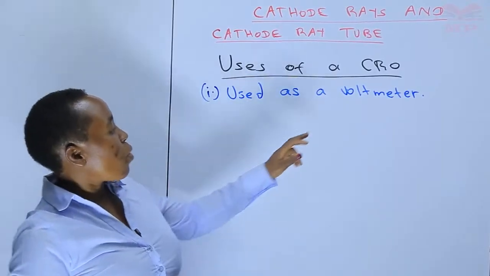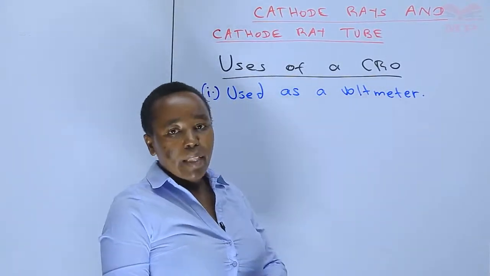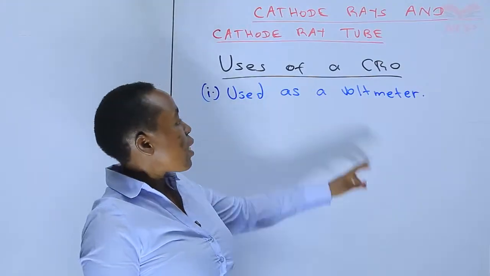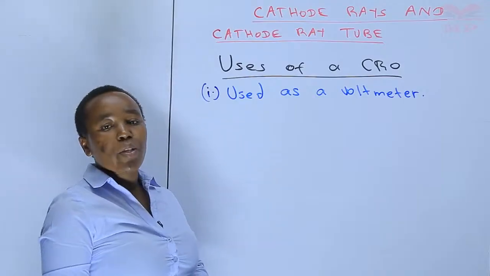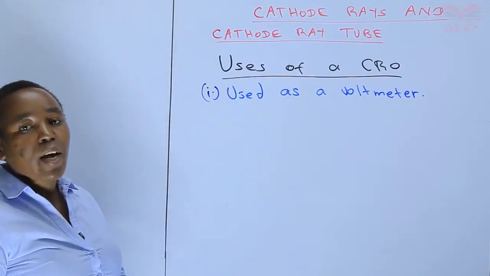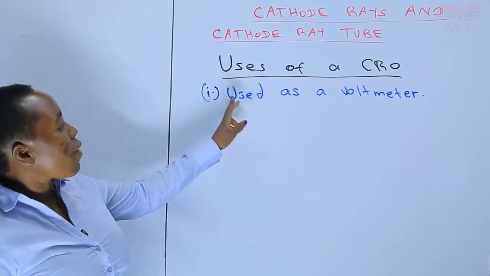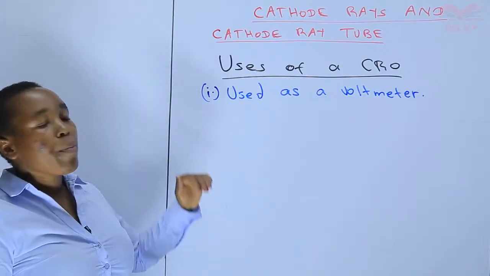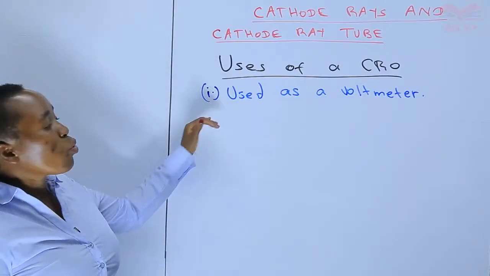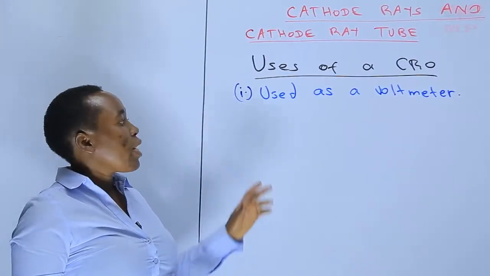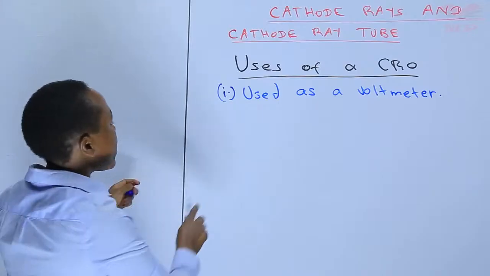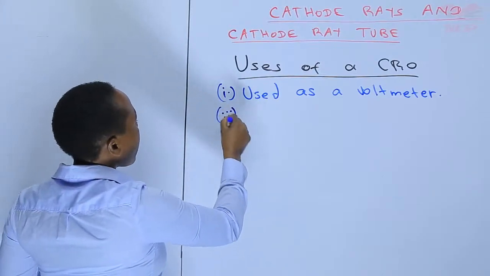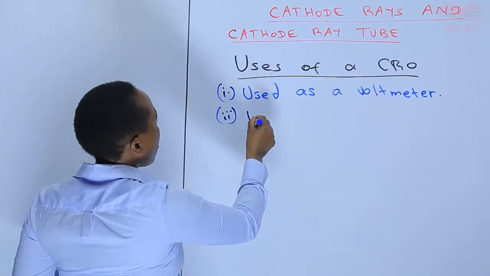We know from the topic current electricity that a voltmeter is a device used to measure voltage. So we have the CRO being used to measure voltage, and we are going to explain how. Then again, we can use a CRO to determine the frequency of an alternating current signal.